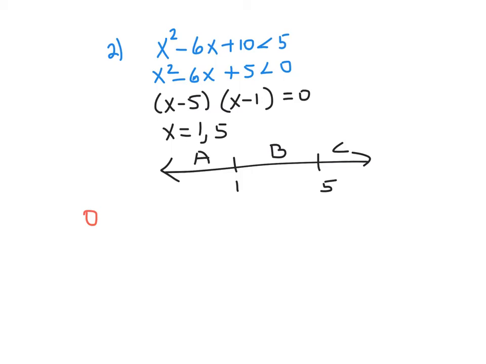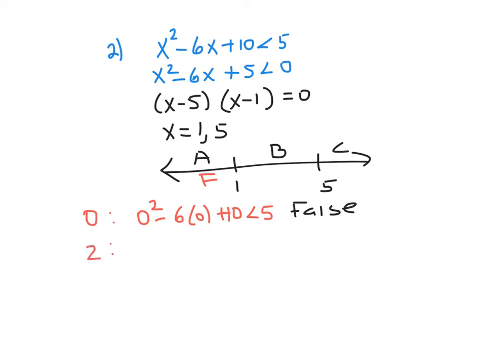So I plug 0 into the original inequality. 0 squared minus 6 times 0, which is 0, plus 10. Is that less than 5? This is 10, which is not less than 5, so that's false. I'm going to put false for that region. For region B, I'm going to use 2.